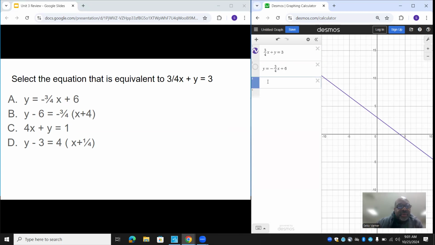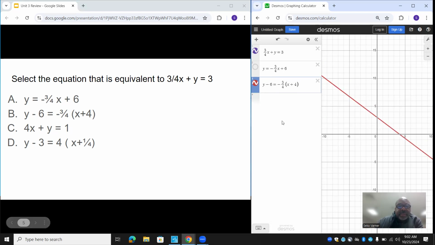All right, so let's try this one. y minus 6 equals negative 3 divided by 4, open parentheses, x plus 4. Oh, it looks to me like this and that one are equal. They're equivalent. They're the same slope, the same line. So this one and this one are equivalent.